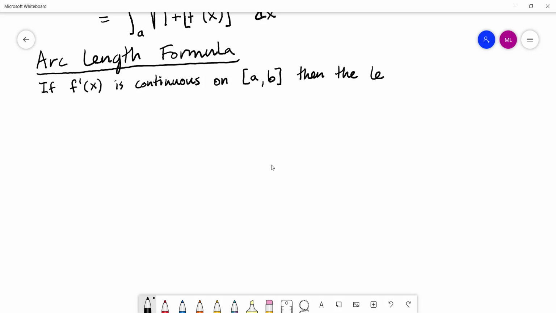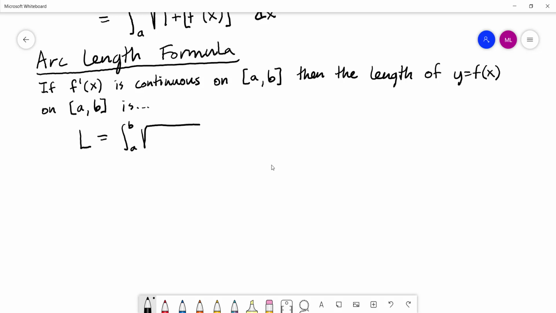then the length of y equals f of x, the arc length, so to speak, on that interval is given by the following. L equals the integral from a to b of the square root of 1 plus [f prime of x] squared.